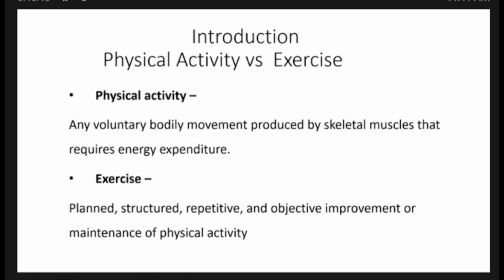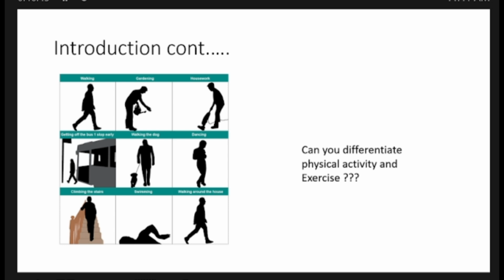That's the difference. As an example, there are 9 things in this picture, so we will talk a little bit about each and see whether it belongs to physical activity or exercise. First one is walking. It is a planned and repetitive action, so we can consider it exercise.